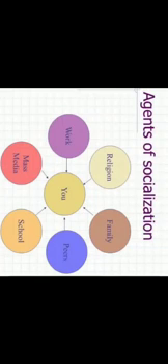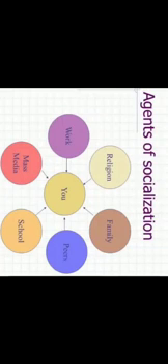Now let us try to grasp the knowledge by seeing this image. We studied this topic in the previous class, agents of socialization. What are the factors that contribute to a human being changing himself? In socialization, what are the things because of which we find changes? It may be because of agents like religion, work, mass media, school, of course peer group, and family.